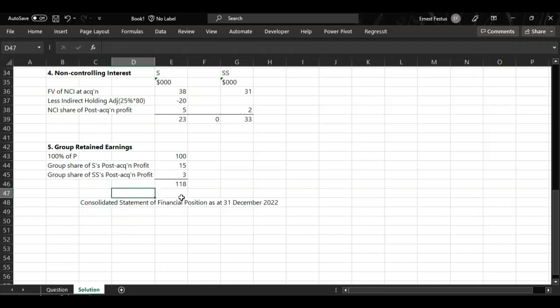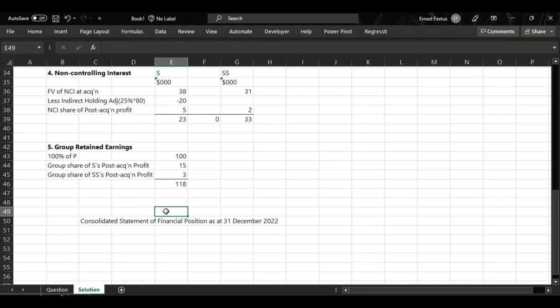So we have what? Cut it. Come here, paste. So we have P group, P group, right here.